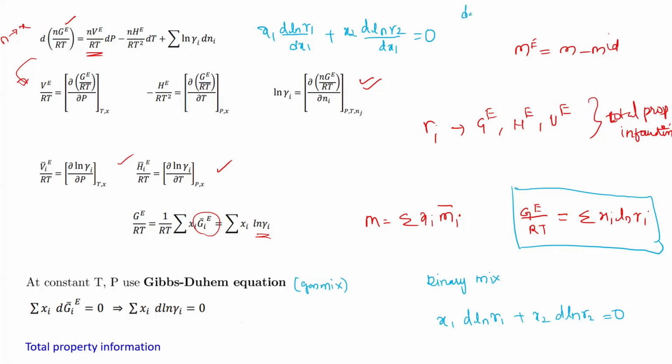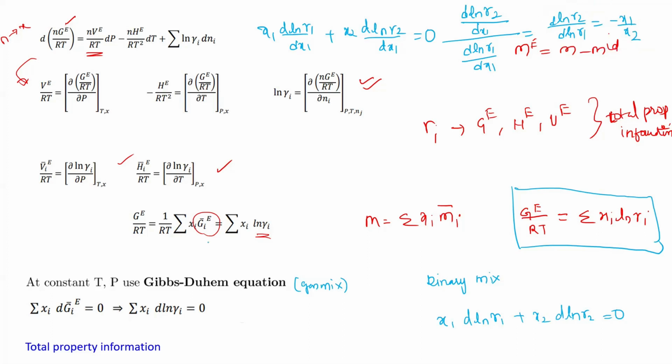So d ln gamma 2 by dx1 divided by d ln gamma 1 by dx1 equals, what? Minus x1 by x2. Okay.